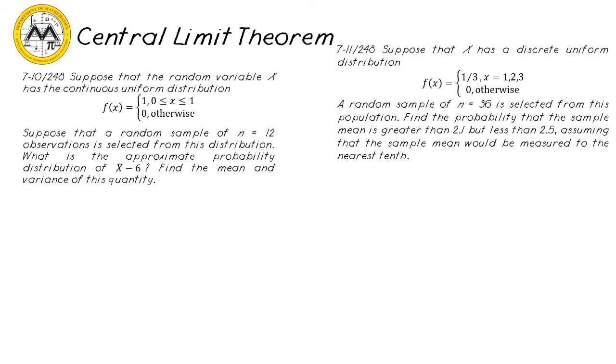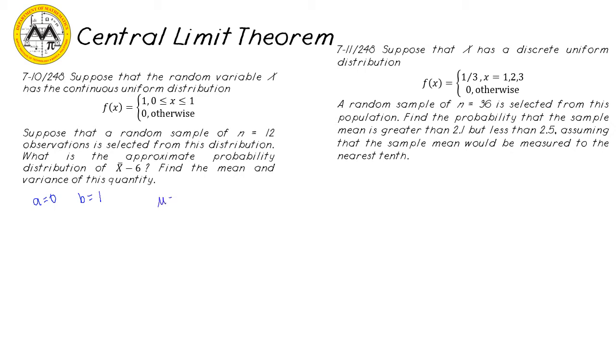Suppose that a random variable x has a continuous uniform distribution from 0 to 1. Suppose that a random sample of n equal to 12 observations is selected from this distribution. What is the approximate probability distribution of x bar minus 6? Find the mean and variance of this quantity. So this is a uniform distribution with a is 0, b is 1.